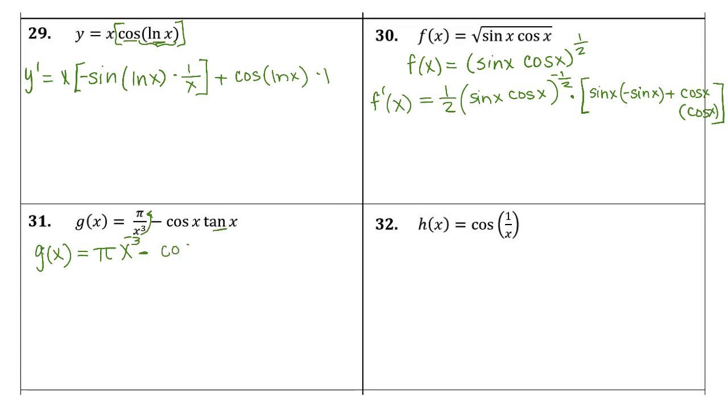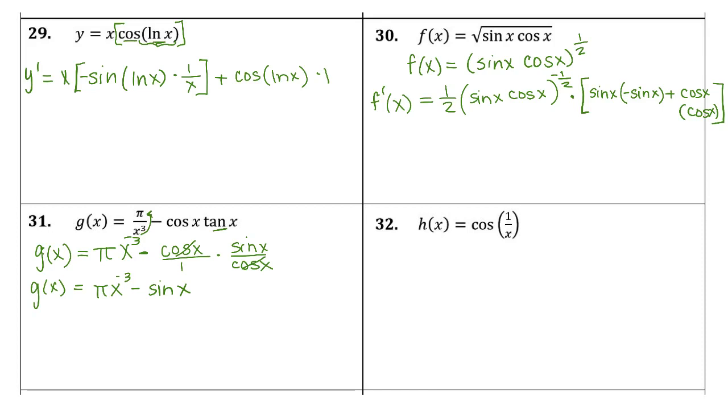Well, we have cosine of x, and I'm going to put that over 1 because I know tangent is sine x over cosine x, and those cosines will cancel. So the rewriting here, g of x equals pi times x to the negative 3 minus just sine x.